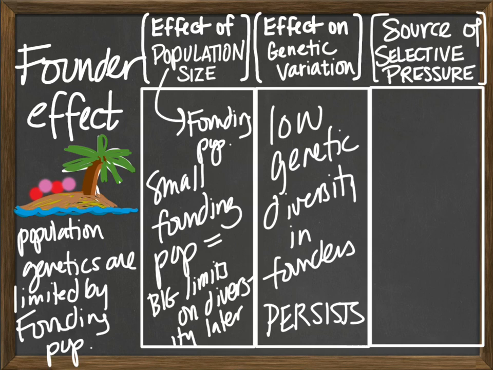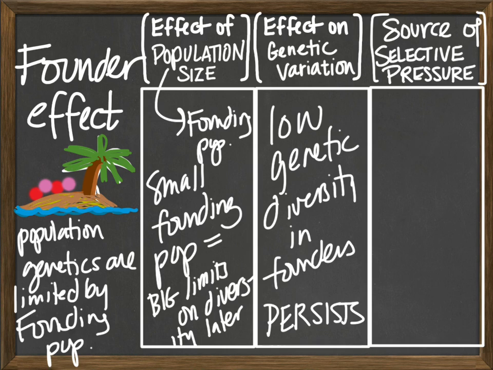So what's the effect on genetic variation? Well, here's the deal. Low genetic diversity in the founders persists. So if you had an incredibly diverse founding population, maybe you took the most genetically different individuals you could to found a population, so you had as much genetic diversity as possible, even in a small number of individuals, that would pay dividends later on.